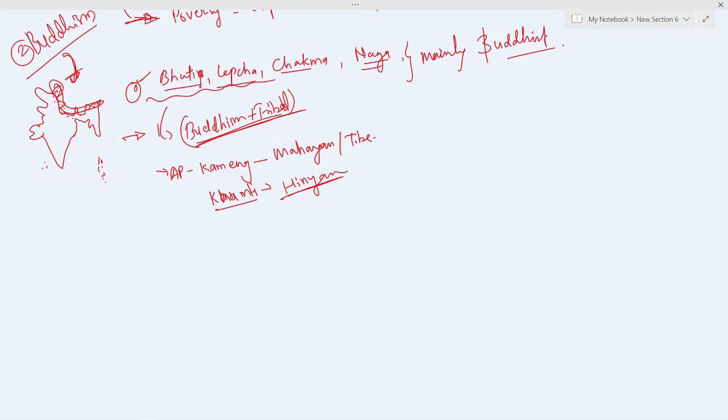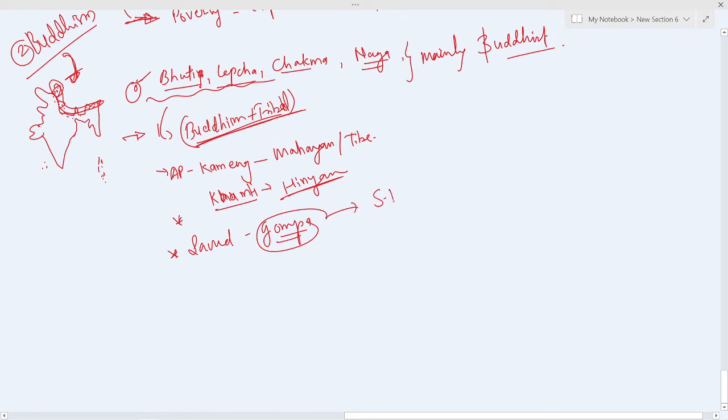Those who have taken Buddhism maintain a sacred place called a Gompa, where the images of Buddha and the sacred book are kept. And they developed a need for a sacred specialist, whom they call a Lama.